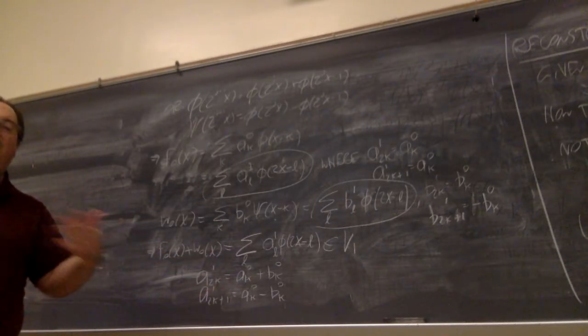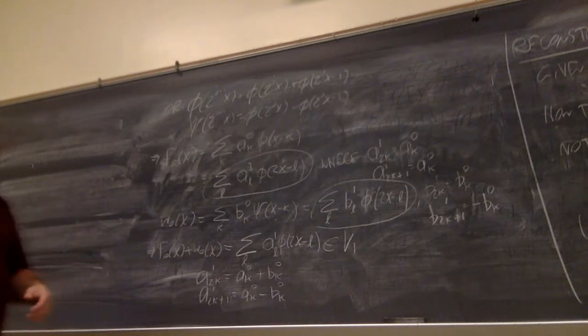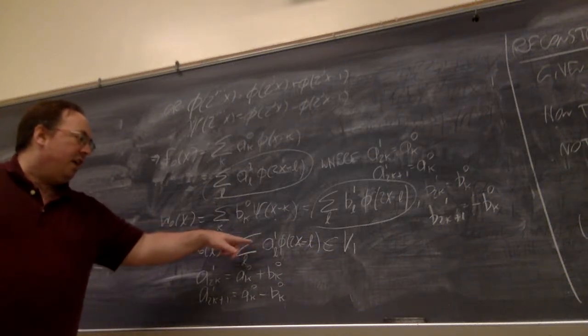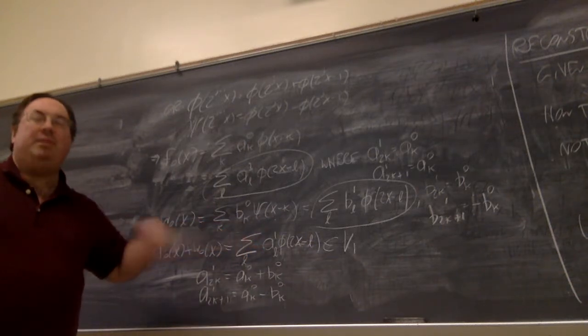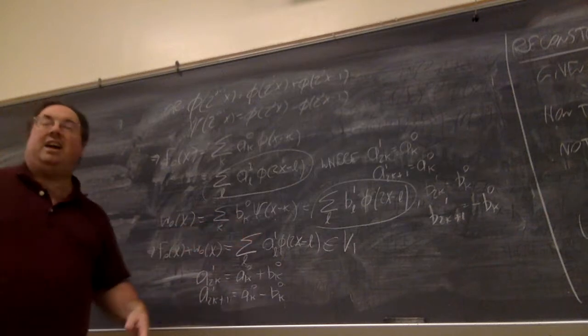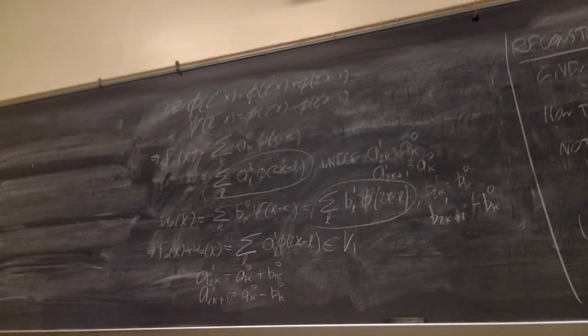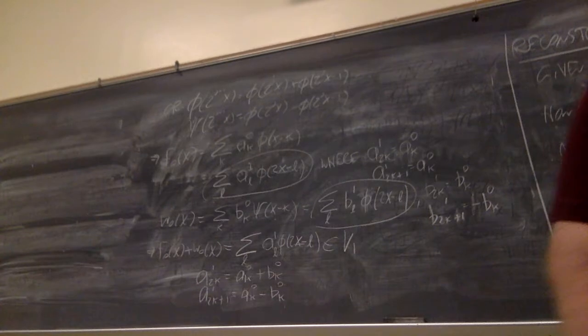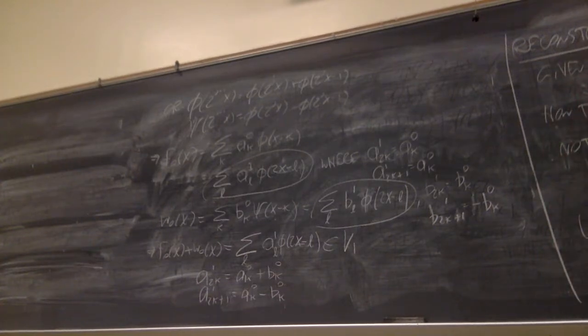And I keep going until I've used up all the terms in my decomposition, and the result is a combination of scaling functions at my finest scale, 2 to the jx, something in Vj, and then I'm done. So I've brought my signal back to the same form that I originally had it in.